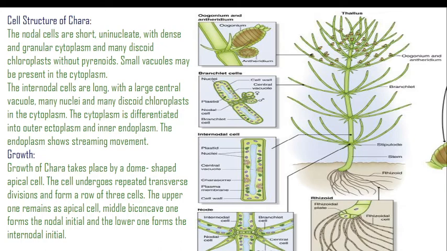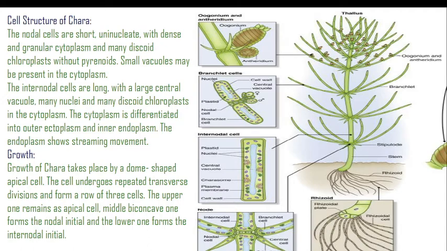The cytoplasm is differentiated into outer ectoplasm and inner endoplasm. The endoplasm shows streaming movements. So this is all about the internodal portion. Then how do they grow? For that purpose, we need to know which type of growth takes place in Chara. Chara shows a dome-shaped apical cell.